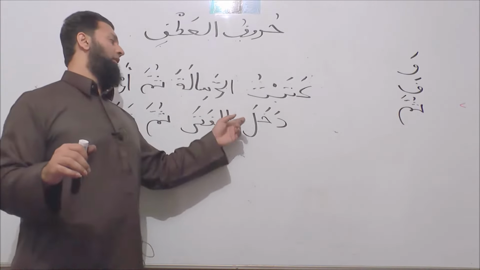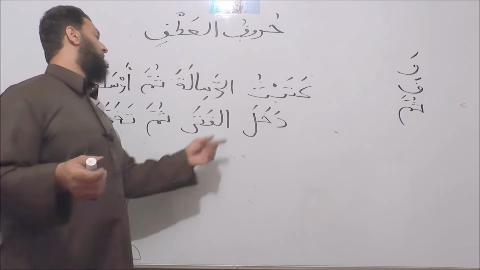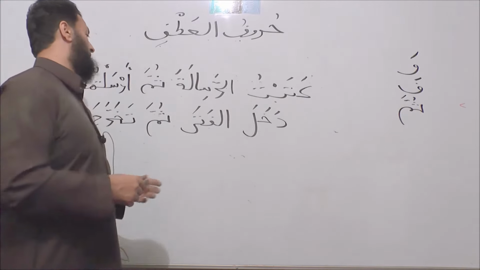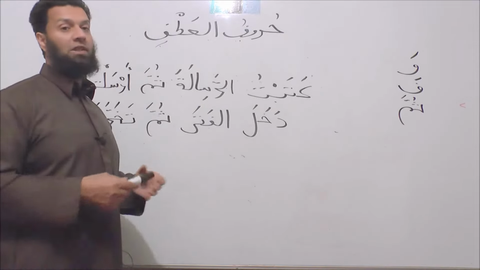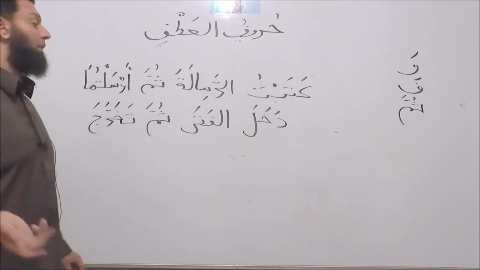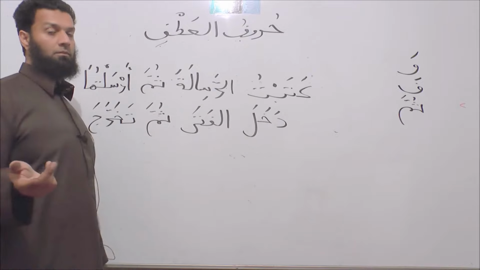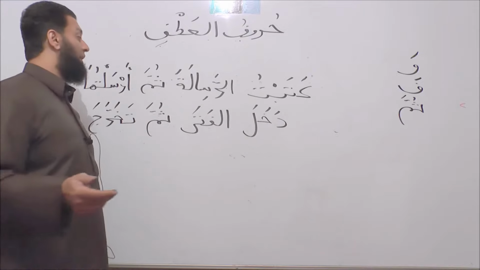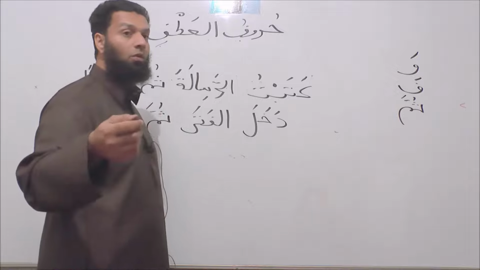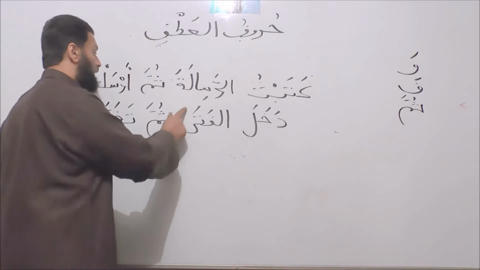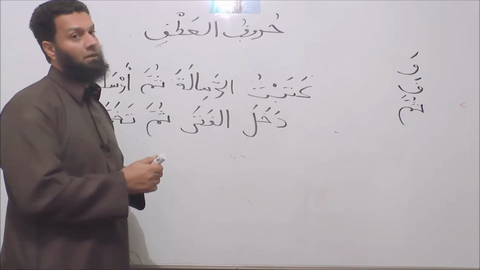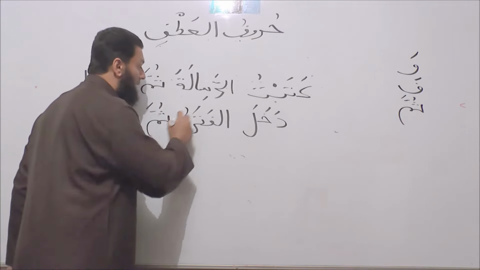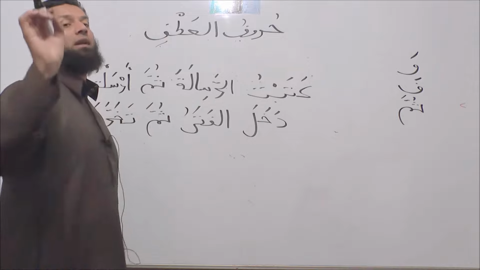So دخل is فعل ماضي مبني على الفتح. الفتى is an ismun which is the fa'ilun. It's marfu'un. Right? وعلامة رفعه الضمة المقدرة على آخره.